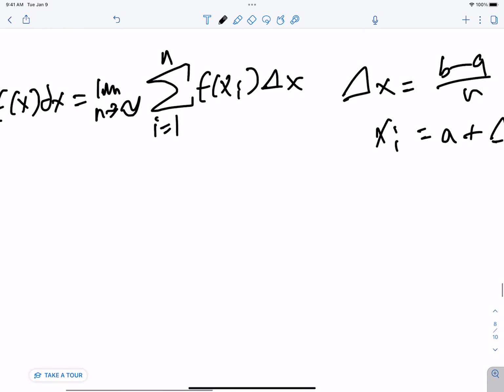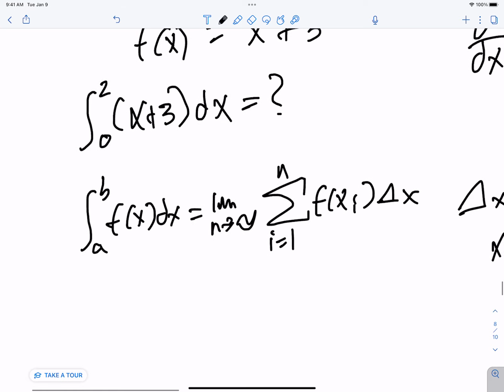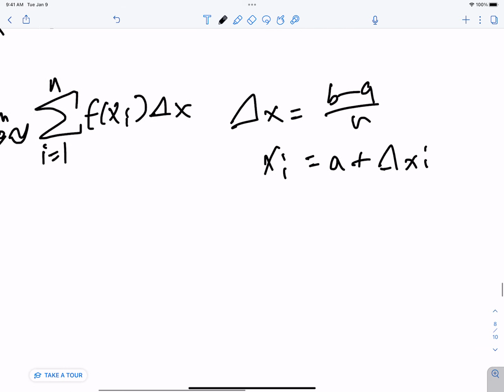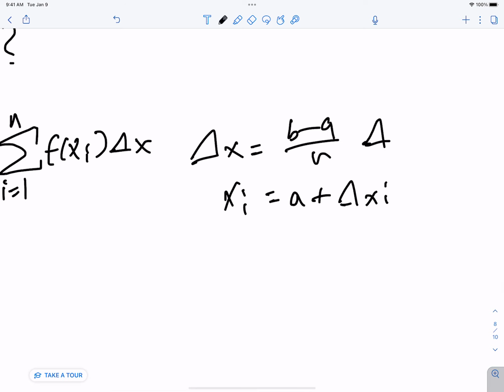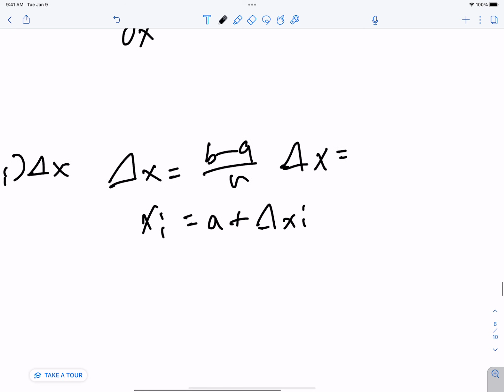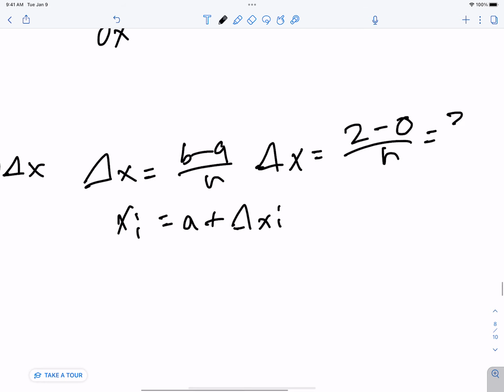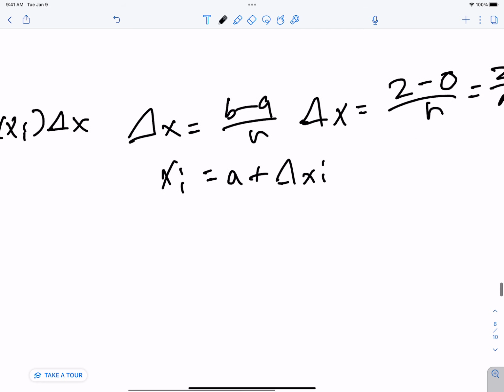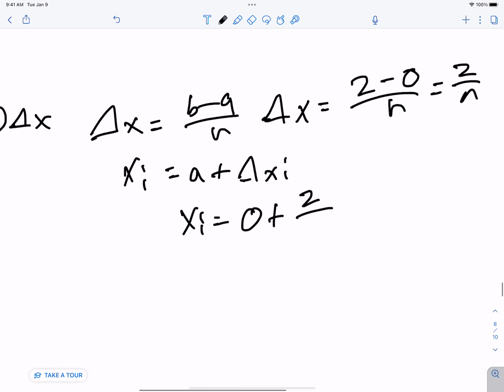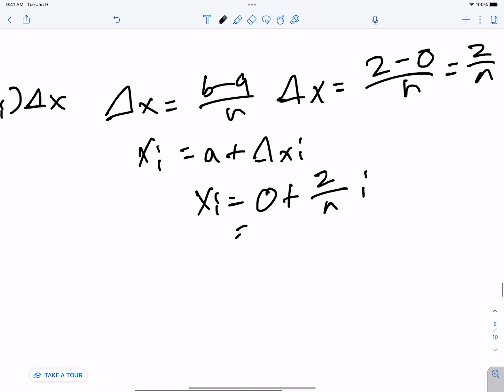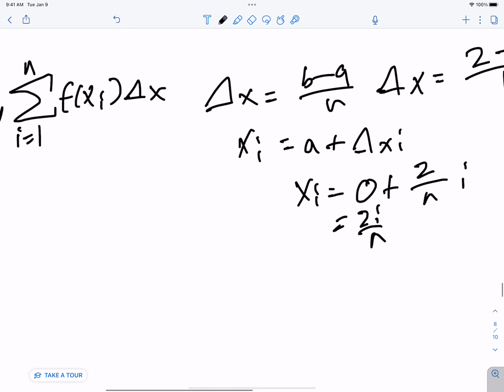Alright, since we have the values for all of this, we can solve for delta x, which is pretty easy. This delta x is simply equal to 2 minus 0 over n, which is simply 2 over n. The ith index of x is simply equal to 0 plus delta x times i, which is 2i over n.